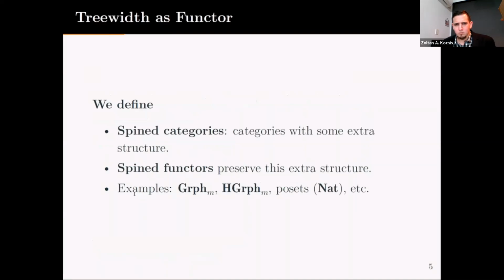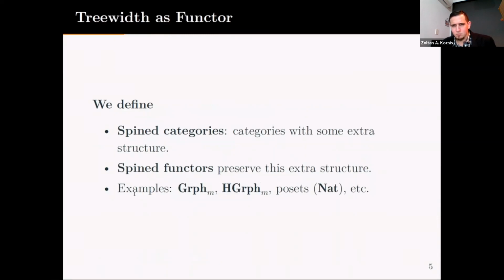And to solve this problem, we introduce what we call spined categories. And these are regular ordered categories, but they come equipped with some extra structure that will allow us to define Treewidth as a kind of functor preserving that structure.